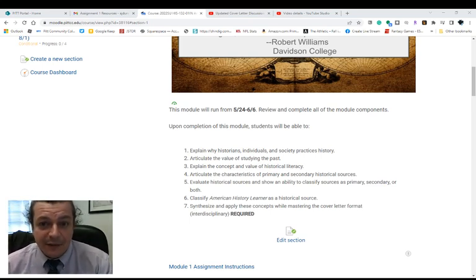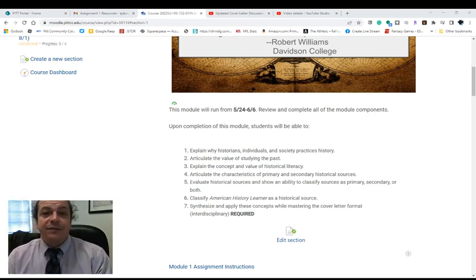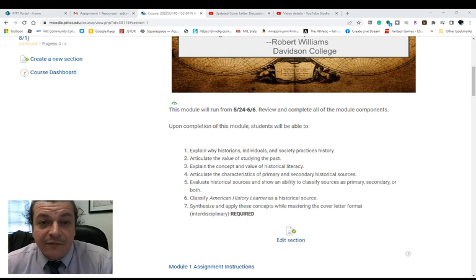First we want to explain why historians, individuals, and society practice history, articulate the value of studying the past, explain the concept and value of historical literacy, articulate the characteristics of primary and secondary sources, evaluate historical sources, and show an ability to classify those sources as primary and secondary.